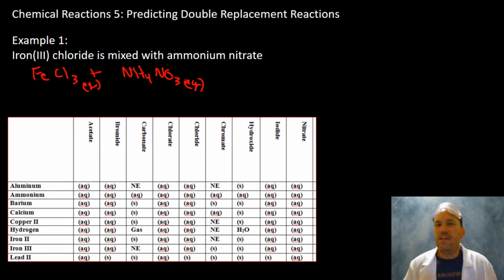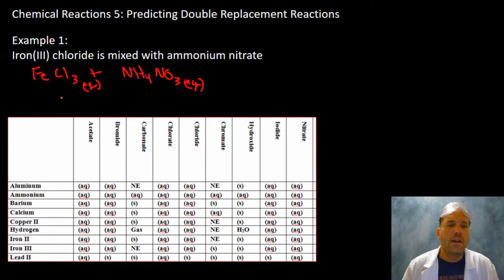And you'll kind of learn a lot of these rules. You'll learn that ammonium, for example, those are all soluble. You'll learn that group 1 salts are soluble. You'll learn that nitrates and acetates, for the most part, are soluble. And then you'll start to pick up on which ones are not soluble.